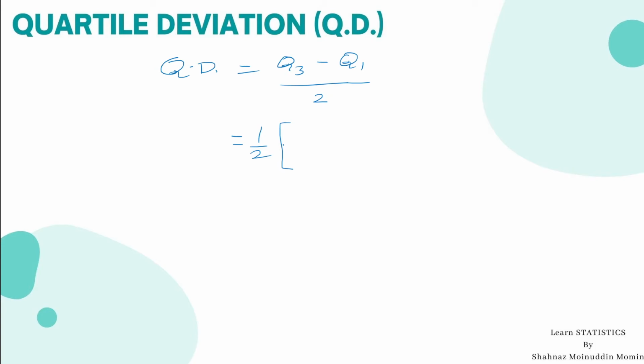Q3 is 1 upon theta log 4, minus Q1, which is 1 by theta log 4 by 3. Take 1 upon theta outside, common.